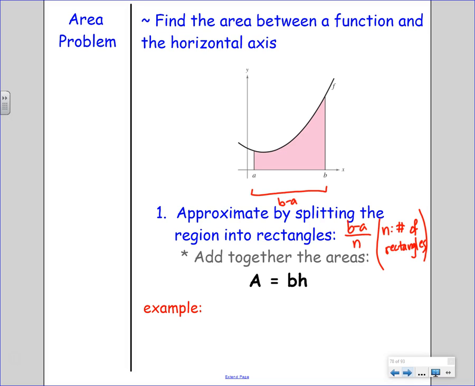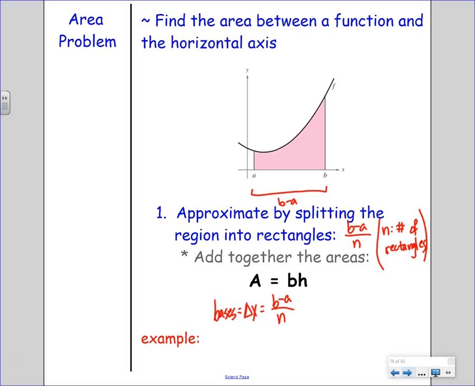And then somehow we have to think about bases and heights and add together the areas. Now a real quick hint about bases and heights before we get to the example. Bases are going to be found by delta x's, which are found by b minus a all over n. Delta x is how far horizontally you're going to the next subinterval.